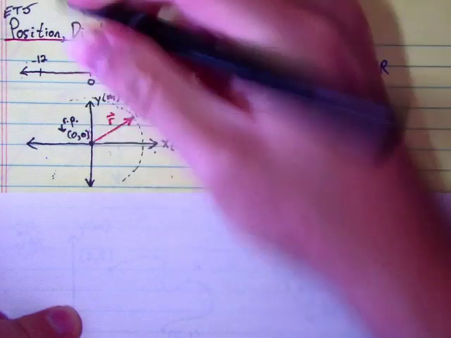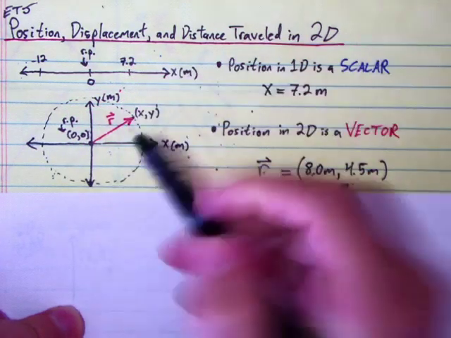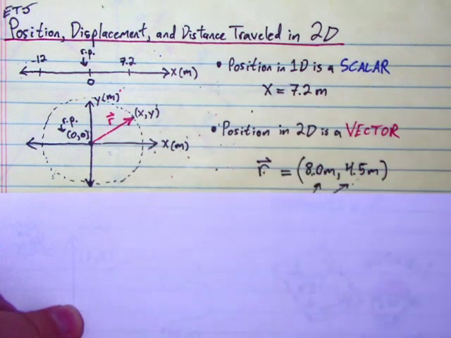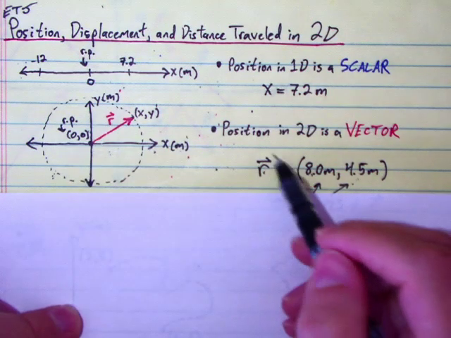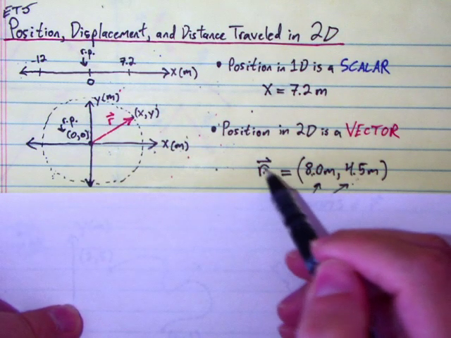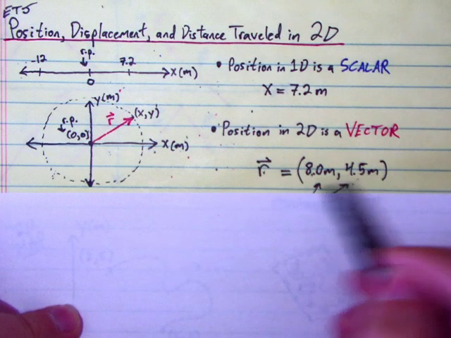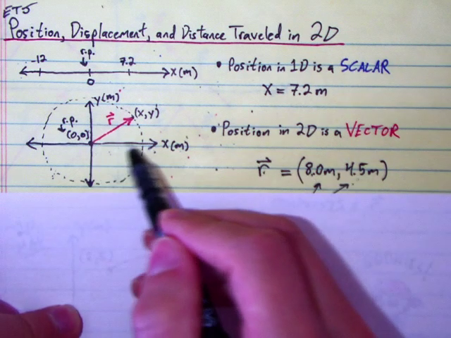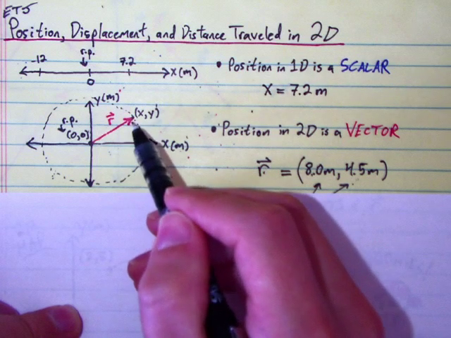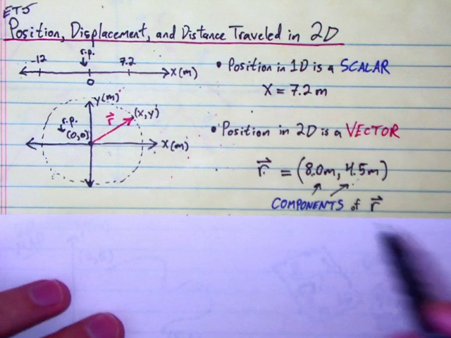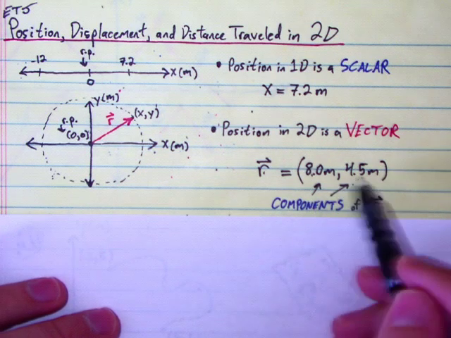And so that position vector, that arrow, is like a radius of the circle, hence the letter R. So we say our position in 2D is represented by a position vector, a little vector symbol right there, and it requires two different numbers. 8 meters is your x coordinate, 4.5 meters is your y coordinate. We call those two numbers the components of the vector, the components of our position vector. It has two of them.